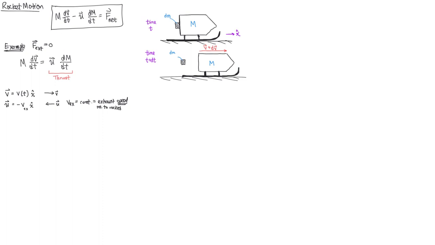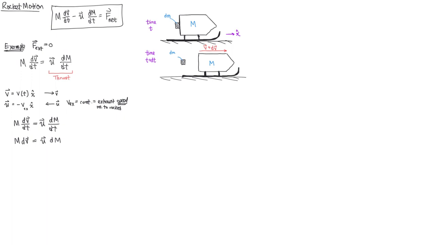Okay, so our equation m dv/dt equals u dm/dt, we can write in the following way. Let's just copy that down below. We can essentially multiply through the dt's, so we have m times a differential change in the velocity equals u times a differential change in mass.